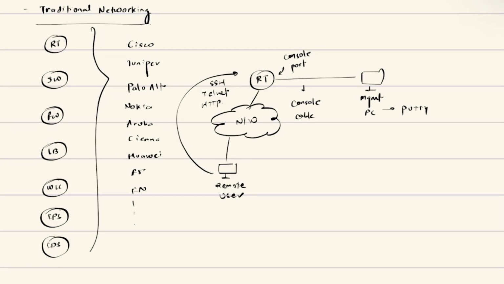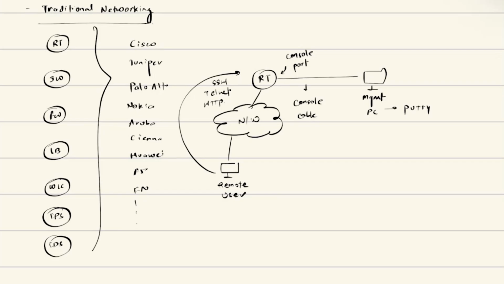So as I was saying, when organizations started implementing deployments of different vendors, they also required people who know how to configure devices of multiple vendors. And that is exactly where network engineers started to upskill themselves. For example, imagine yourself being a network engineer who only knows how to configure Cisco's devices, but your colleague knows how to configure Cisco's devices as well as Juniper's devices, Checkpoint's devices, and load balancers also.